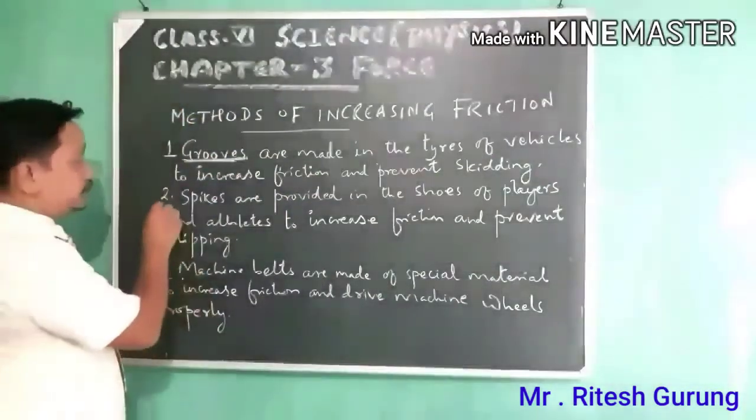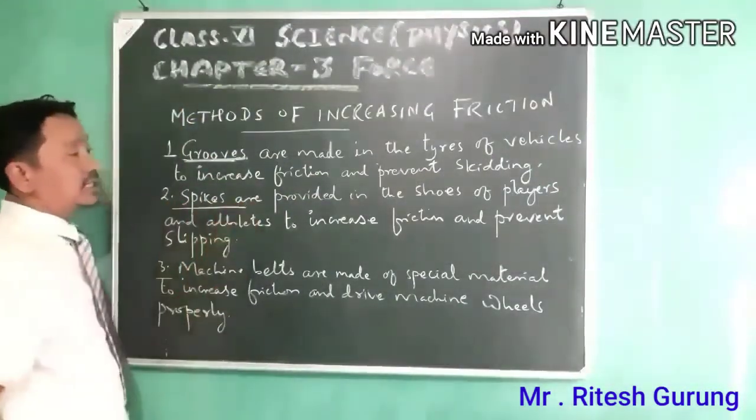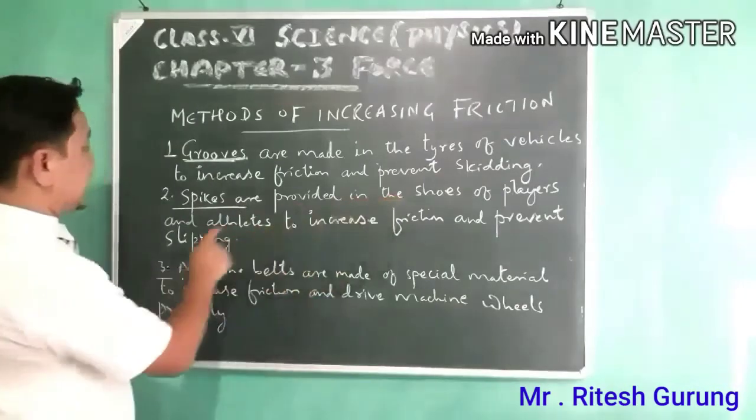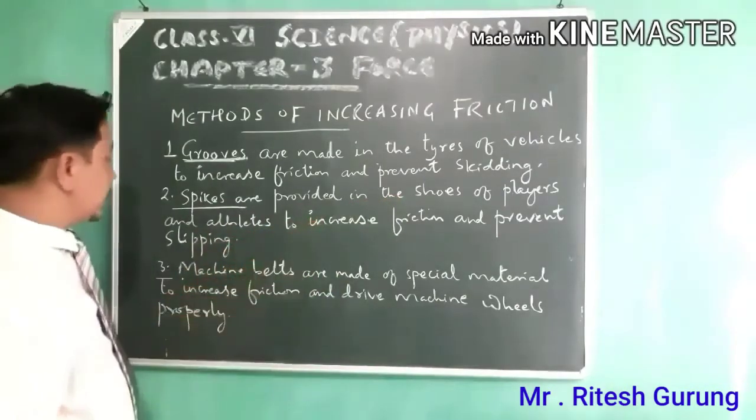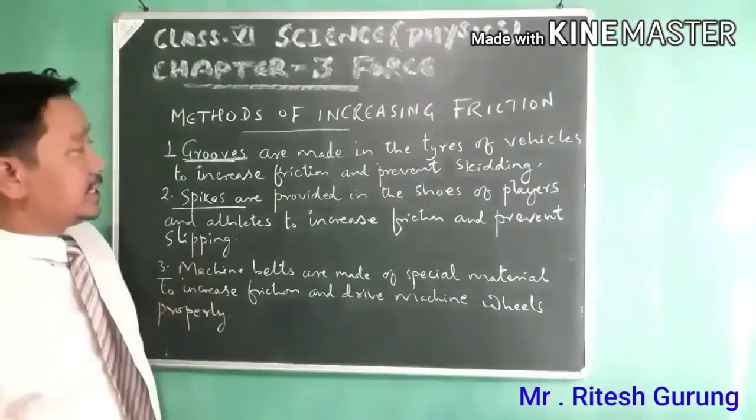The second one is that spikes are provided in the shoes of players and athletes to increase friction and prevent slipping.